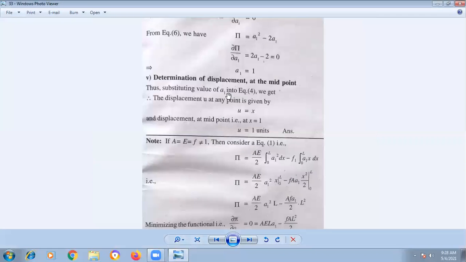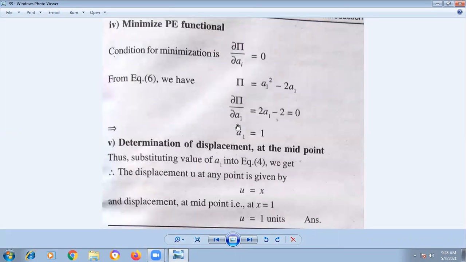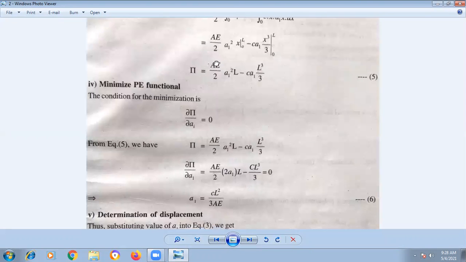Now, once I have this, I have to apply the principle of minimum potential energy. What is the condition for the potential energy to be minimum? Dou pi by dou A1 should be equal to 0.